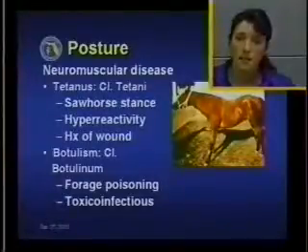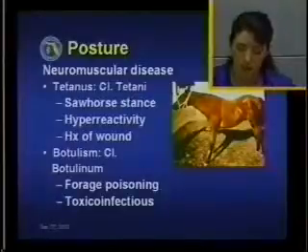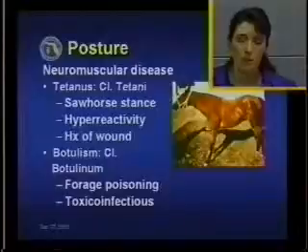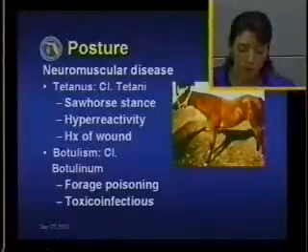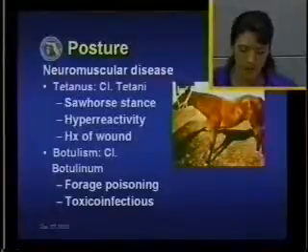Tetanus can be treated with intrathecal injection of tetanus antitoxin or high doses of systemically administered tetanus antitoxin, but very often once the clinical signs are observed, these horses are in trouble. Supportive care is also very important in these two diseases.